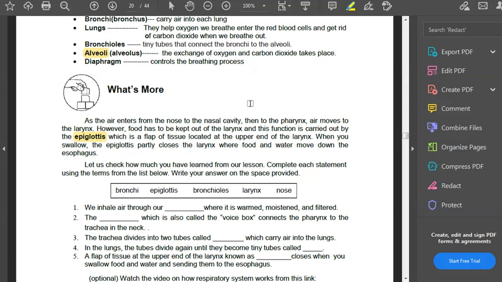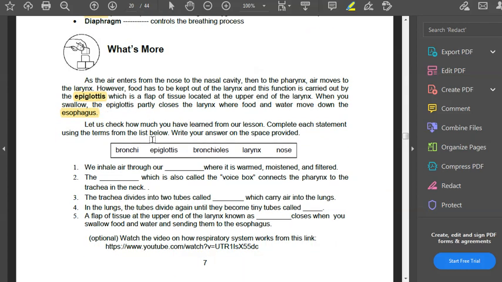When you swallow, the epiglottis partly closes the larynx, where food and water move down the esophagus. And then, from the esophagus, of course, if you remember your digestive system, it also goes to our stomach. Okay? So, that's the esophagus.